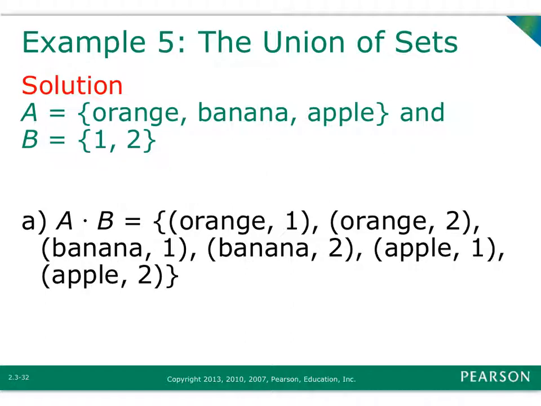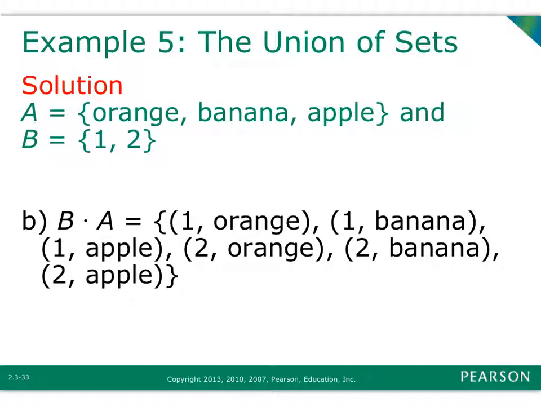See the ordered pairs. Now we'll do B cross A. We have 1 orange, 1 banana, 1 apple, 2 orange, 2 banana, 2 apple. Notice the difference in the way we've distinguished between the two sets.